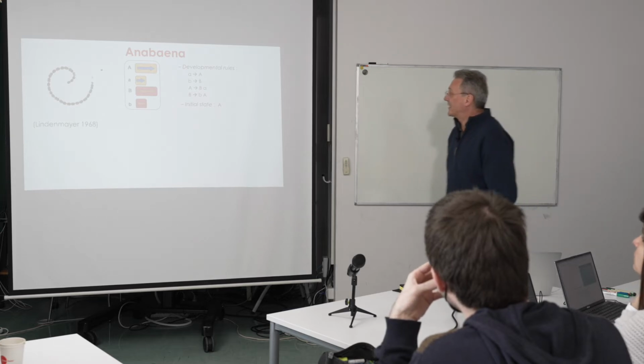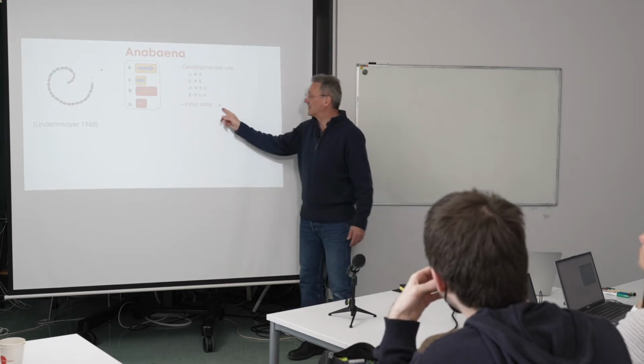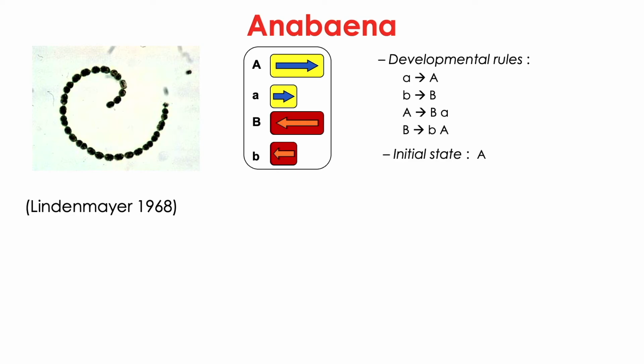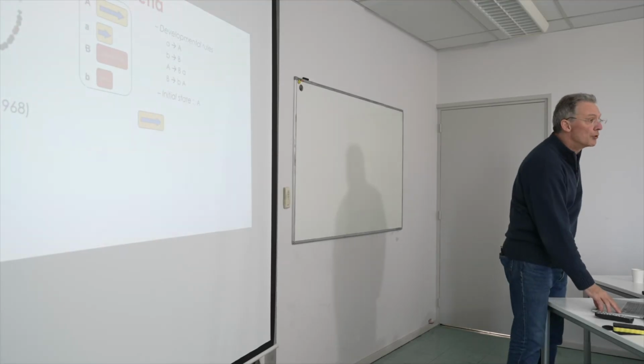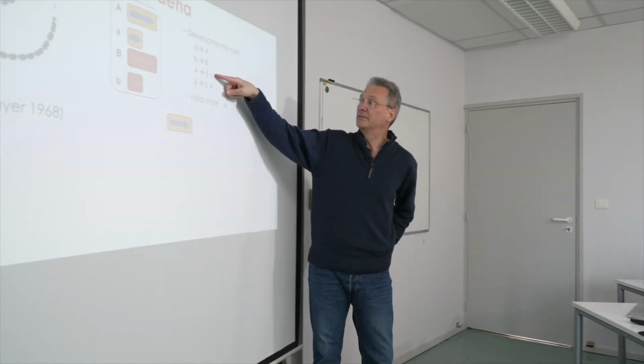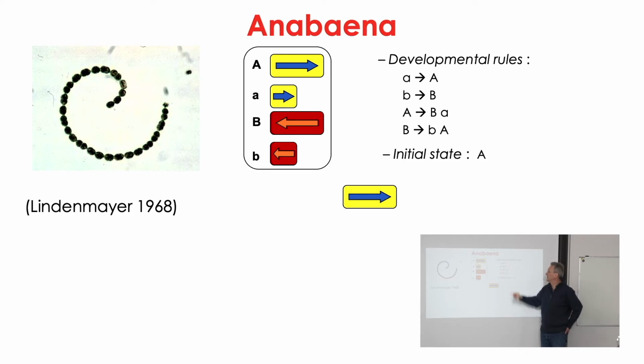So if I start with, let's say, a state in which there is only one cell, and this cell is capital A. I take this by chance, let's say. So I start with this graphic representation, and I will divide these cells according to the rules. So what sort of rule can apply here? Only this one, which says that a capital A cell becomes a capital B small a.